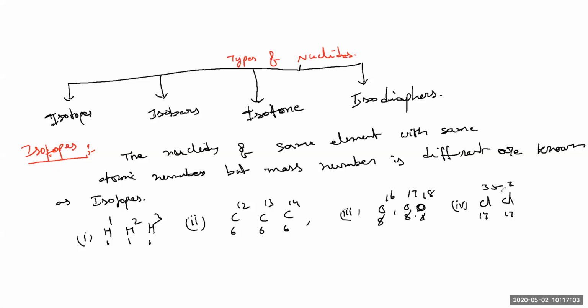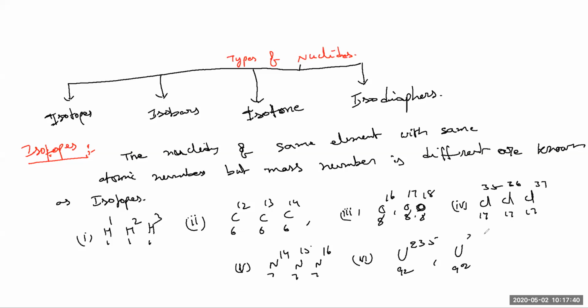Nitrogen also: nitrogen 7 14, nitrogen 7 15, nitrogen 7 16. And one more, a radioactive element, uranium 92 235 and uranium 92 238.